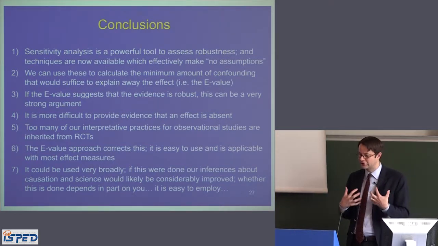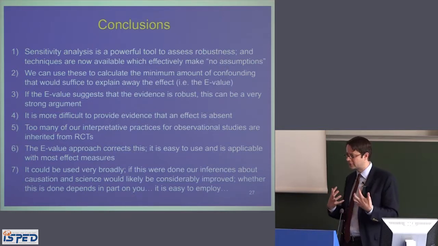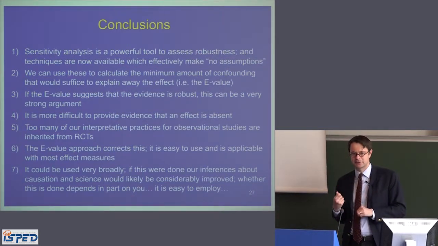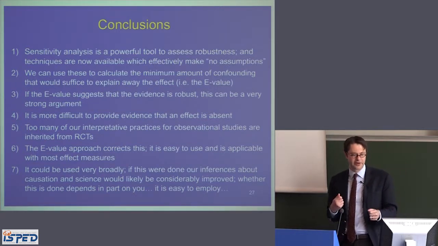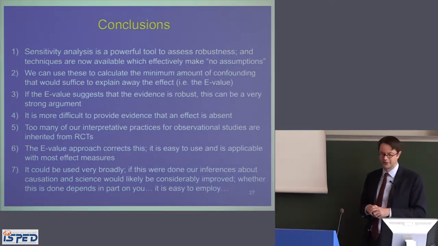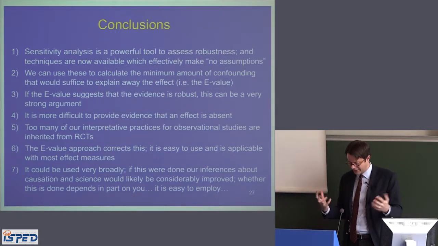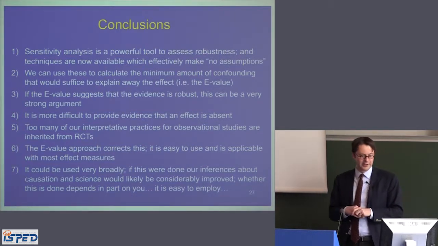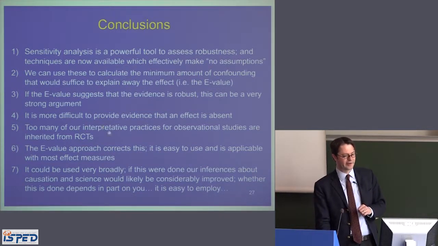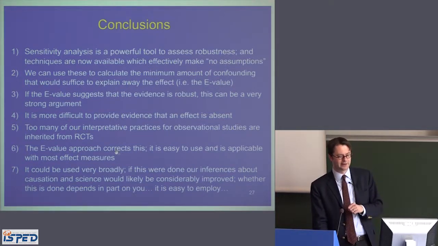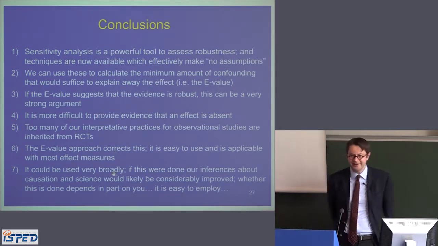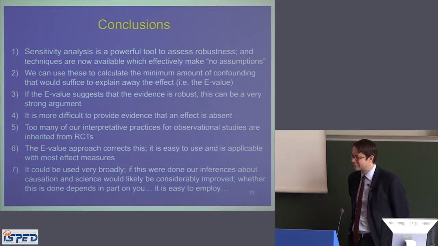But in an observational study, our central threat to causal inference is often not statistical uncertainty, but unmeasured confounding. And the e-value approach addresses that. It can, again, be used at least approximately for all different effect measures, so it provides a standardized scale. I think it could be used broadly. If it is used, I think our inferences about causation will be on much firmer ground.